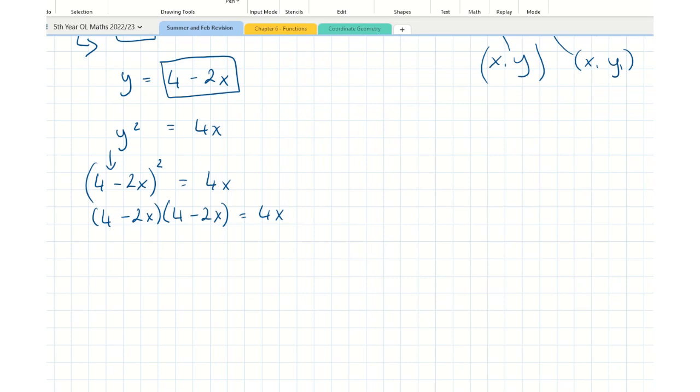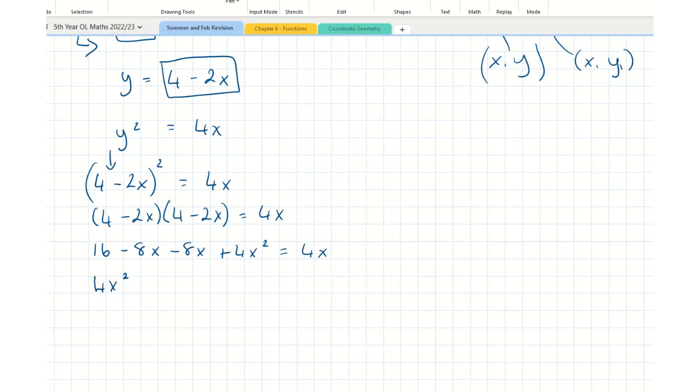That is going to give me 16 minus 8x minus 8x plus 4x squared, and that's all equal to 4x. Now I have something that's starting to look like a quadratic, but I need to make the quadratic equal to 0 to solve it. So I'm going to move things around a little bit.